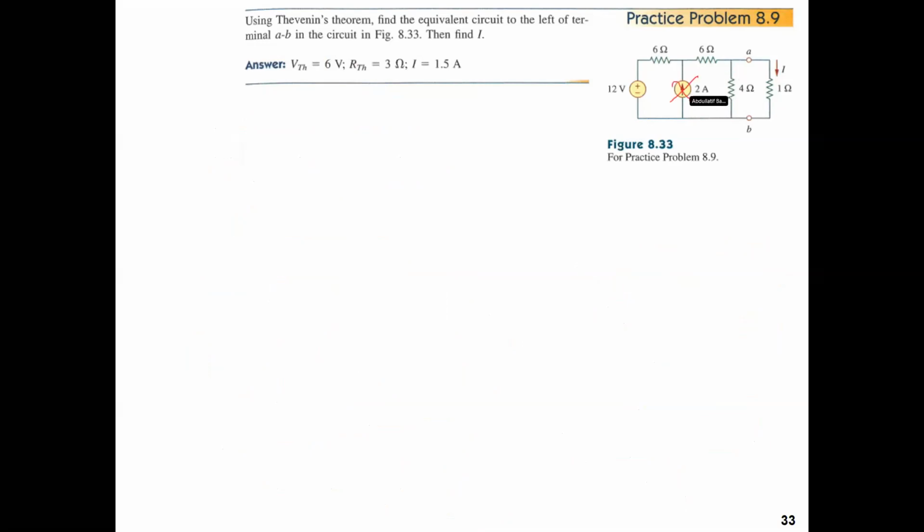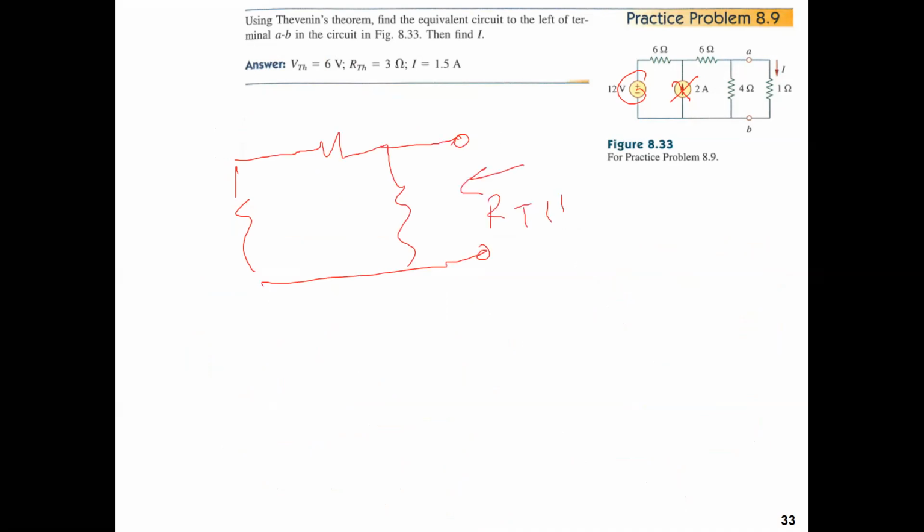So remove, keep it open, remove and short the terminal. RTH, this is AB, 6 here, 6 here, and 4 here. Okay, so again, I remove the, so we have 2 6s.